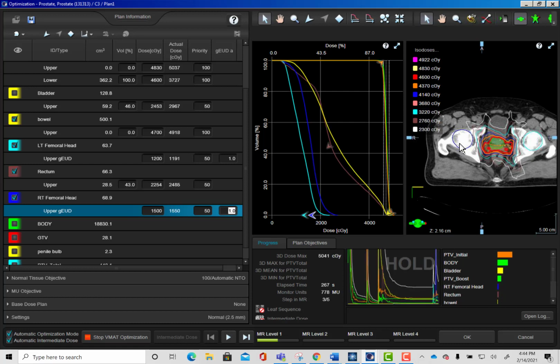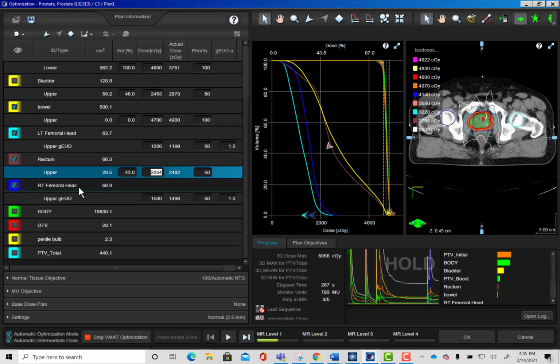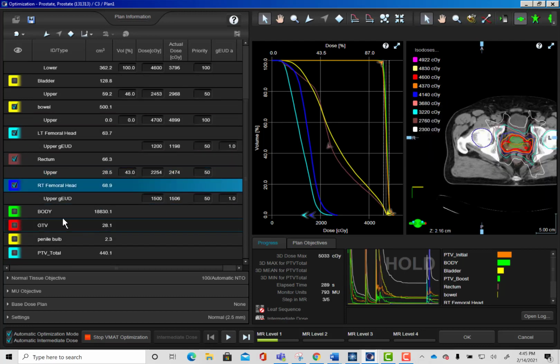Again, dose has to come from somewhere. So the more I squeeze on my femurs, the more dose I'll force through the bladder and rectum. We don't want that. So we want dose to come through those femurs if it needs to. So I'm just lowering the dose a little bit because I can. After we push on the rectum and bladder more, we'll see if we can get those down even lower.